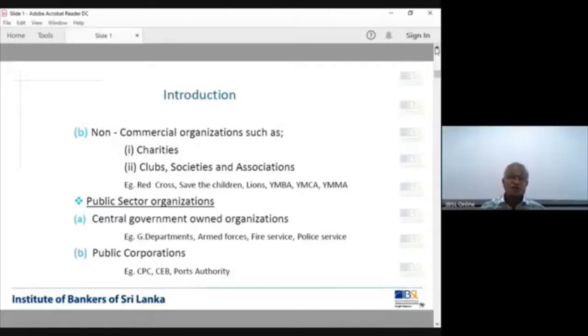Then non-commercial, under private: charities, clubs, societies, associations. The Red Cross is a charity. That's non-commercial. Save the Children, non-commercial. YMBA, YMCA, YMMA, all are non-commercial organizations, right?